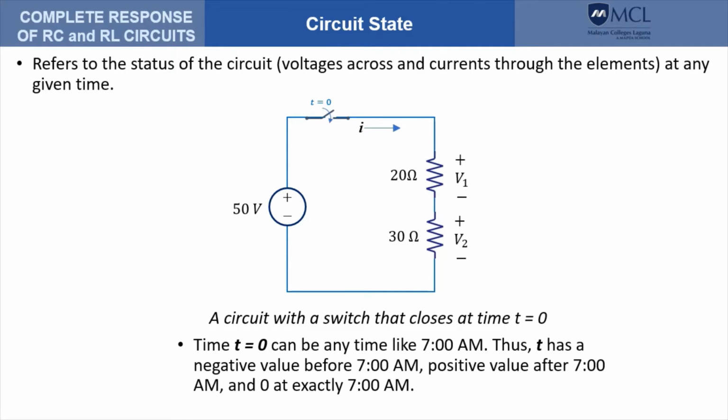Take note that time t equals 0 can be any time, like 7 o'clock in the morning. So before 7 a.m., t has a negative value, and after 7 a.m., t has a positive value, and exactly at 7 a.m., t has a value of 0.